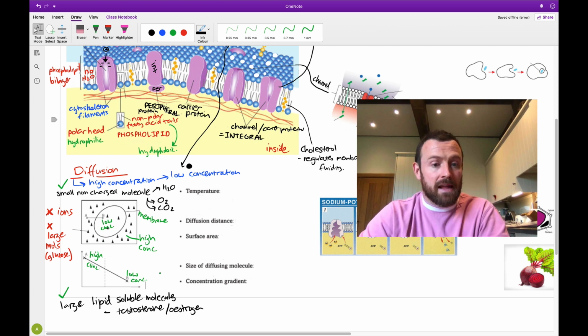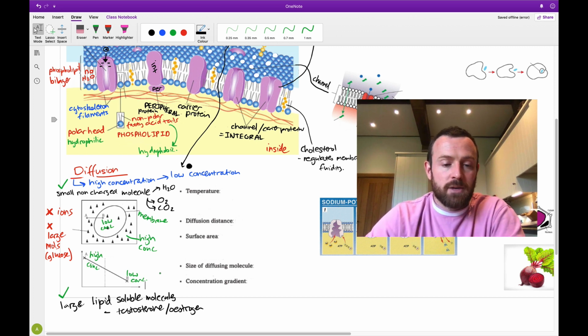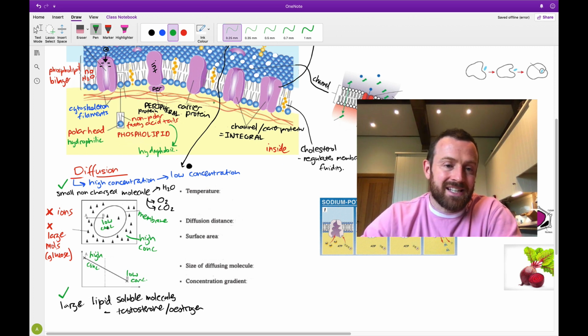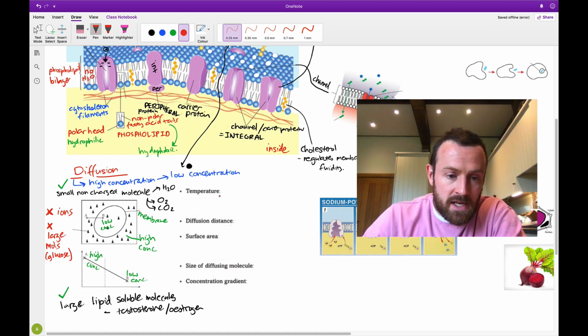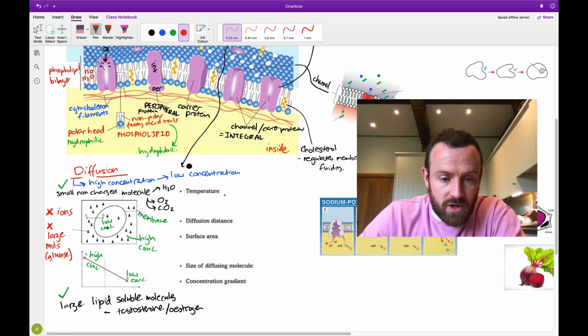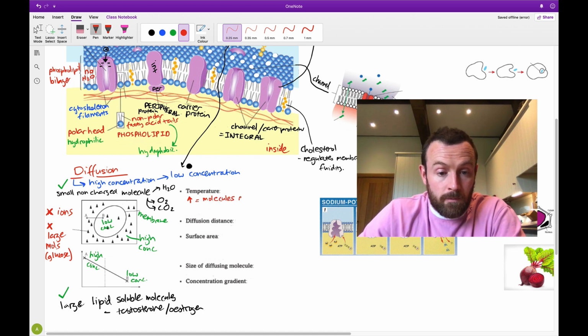Now diffusion depends on a few things, all listed here, and they're outlined in your book, but I'll run through them quickly. As the temperature goes up, molecules move more quickly and diffuse more quickly.